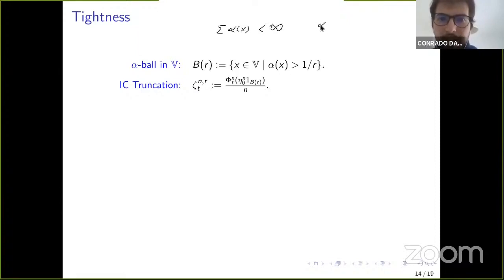This means that alpha x tends to 0 as x tends to infinity, or goes away from any compact set of our vertex set V. So this is telling us that there are only finitely many points that have a large alpha, and that's what we're calling here the alpha balls. They form a natural exhaustion of our vertex set.